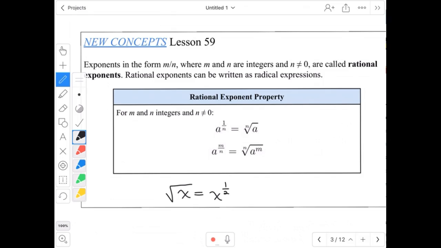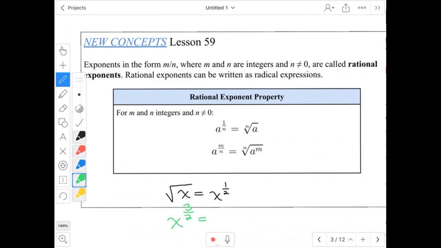And then that second little definition piece, you see they kind of spice it up a little bit more. So now we have m over n. So let's say we have x to the 3/2 power. So now we're taking a square root of x. However, that x is being raised to the 3rd power.